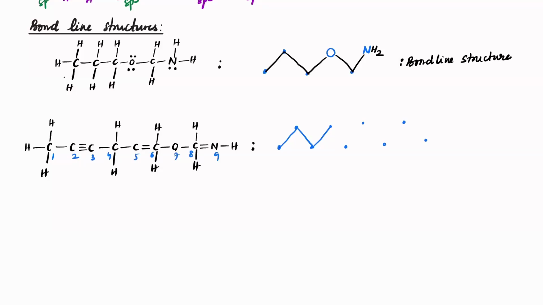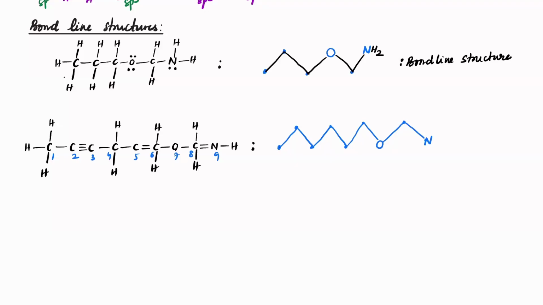The seventh position was oxygen. For oxygen, we cannot write the dot, so only oxygen. And the last one is nitrogen. So we have oxygen here, then a connection here, and then nitrogen. This is the way we'll write it first.